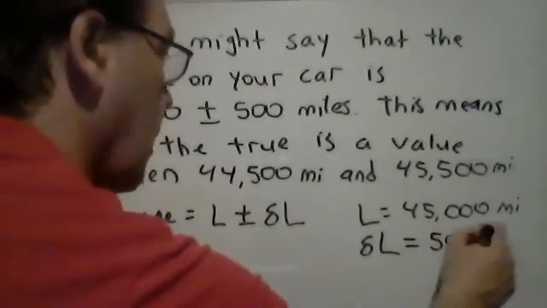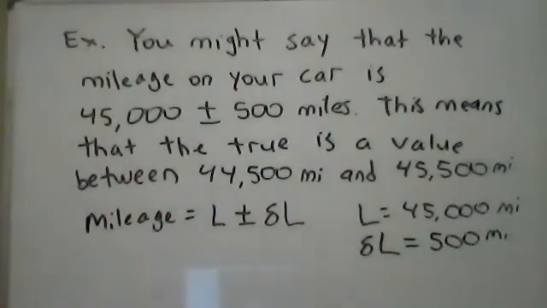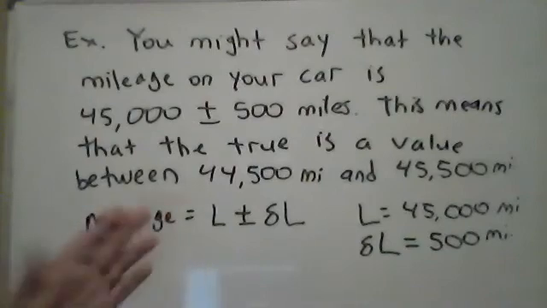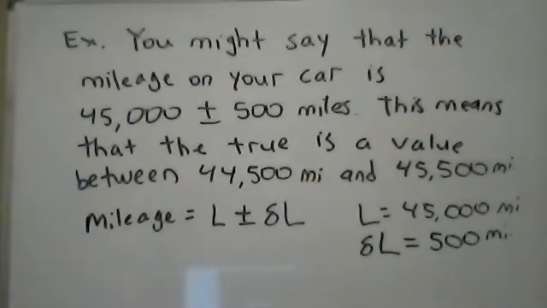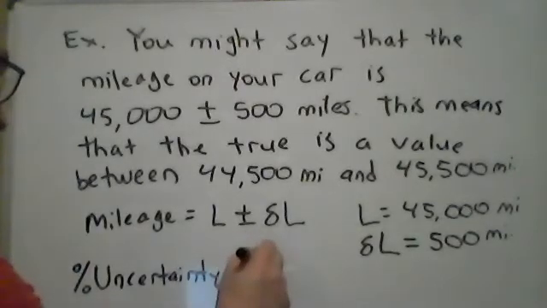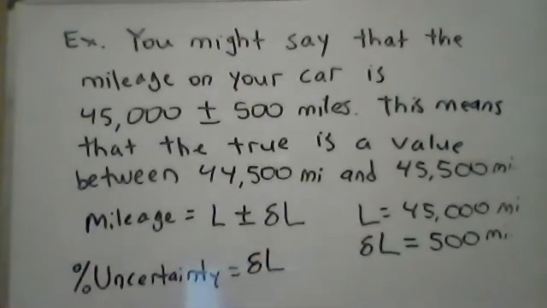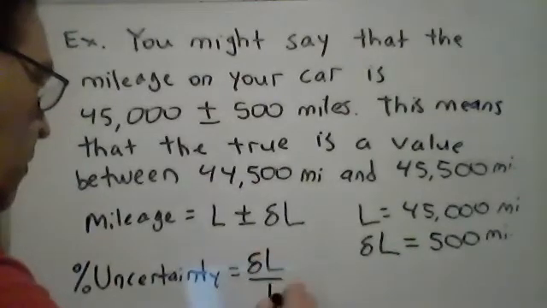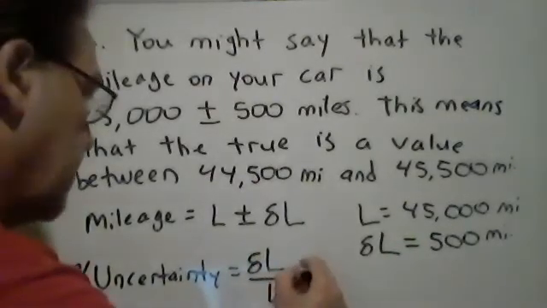I have very high confidence that my mileage is definitely in that 1,000 mile range, plus or minus 500. I can also write a percent uncertainty if I wish. So percent uncertainty would equal the uncertainty divided by the nominal value, multiplied by 100%.